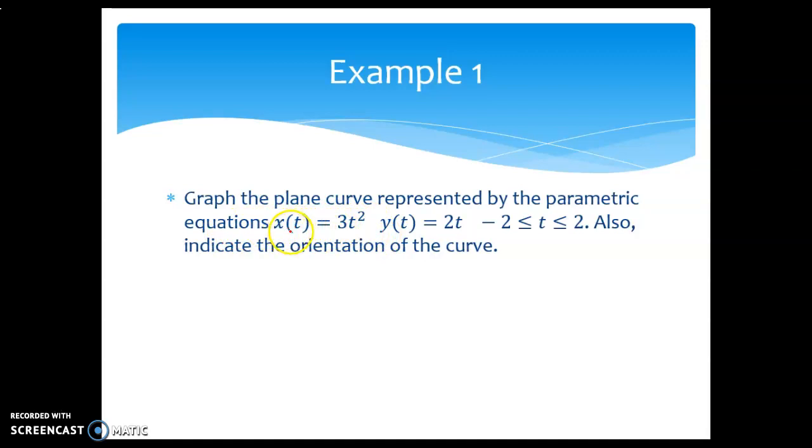And now we want to graph these two parametric equations. Here I have x equal to 3t squared, and y of t is equal to 2t. Okay, t varies from -2 to 2. So here I have -2, -1, 0, 1, 2.